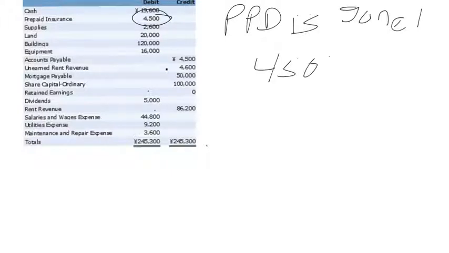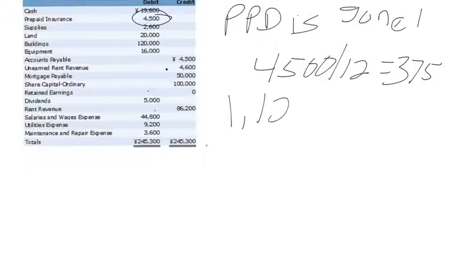So you've got the $4,500 divided by 12. That tells you 1 month is equal to $375. Since we're doing 3 months, we have $1,125.